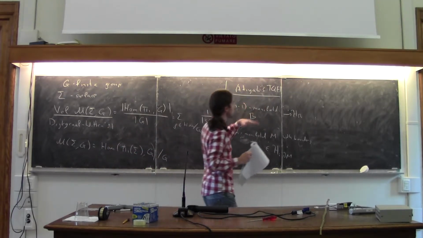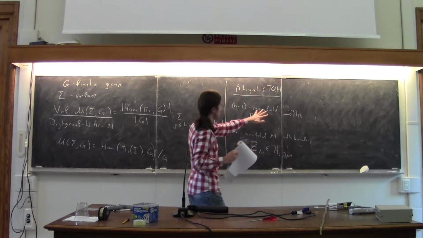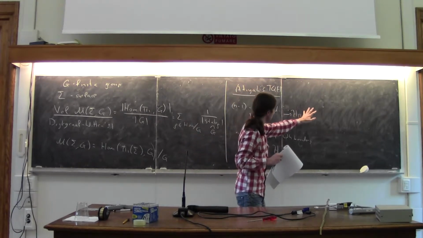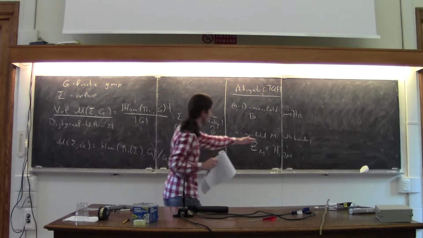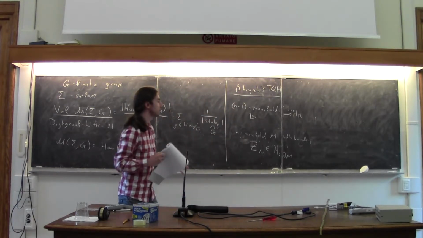There is a set of axioms this is supposed to satisfy. If you take disjoint unions, they go to tensor products for vector spaces, and also for the partition functions.